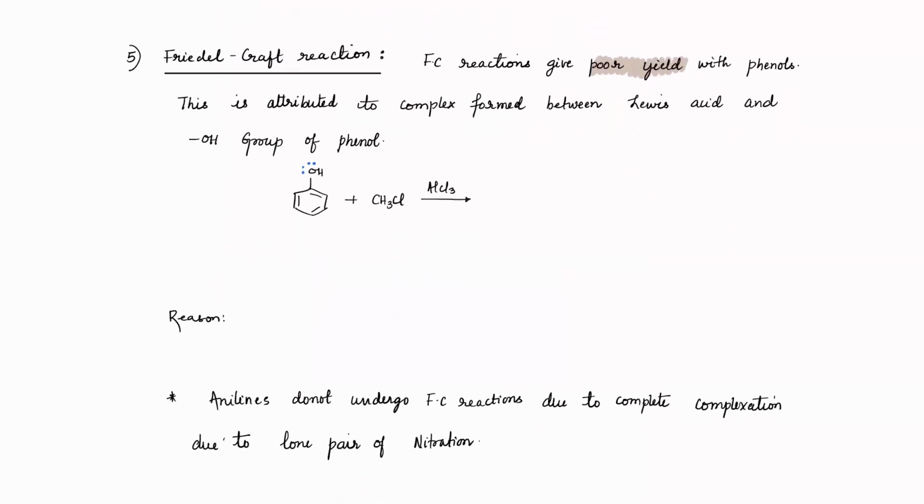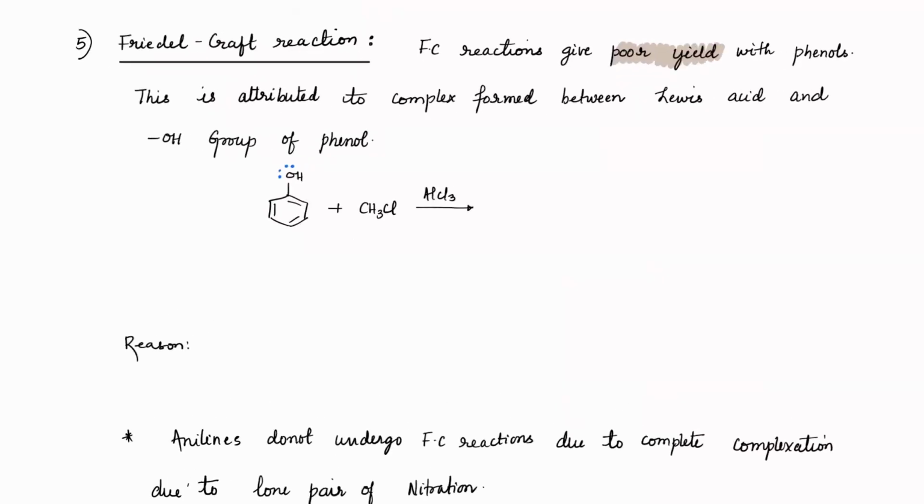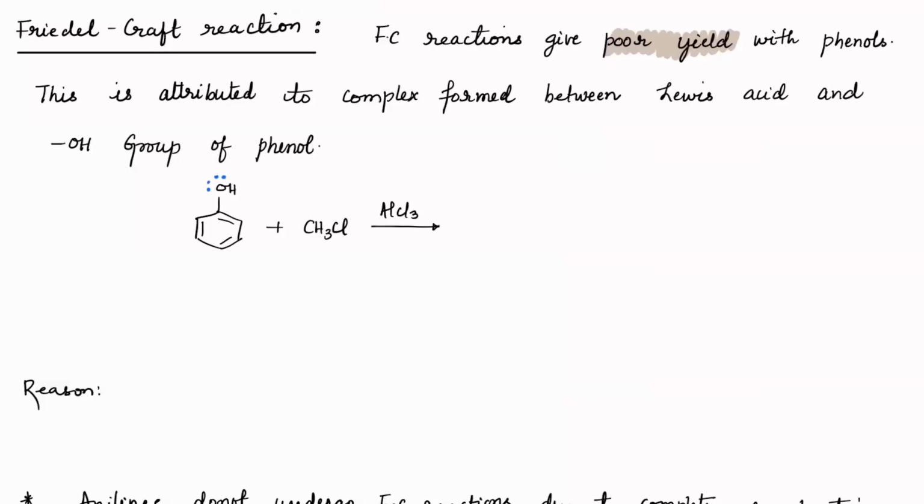Next. Friedel-Crafts reactions, whether alkylation or acylation, give a very poor yield with phenols. Okay, why would that happen? Because it forms a complex with the Lewis acid this way, and it will hamper the reaction from happening. Like we have oxygen here, O with H, and AlCl3, plus and minus. So from there, the product needs to go.